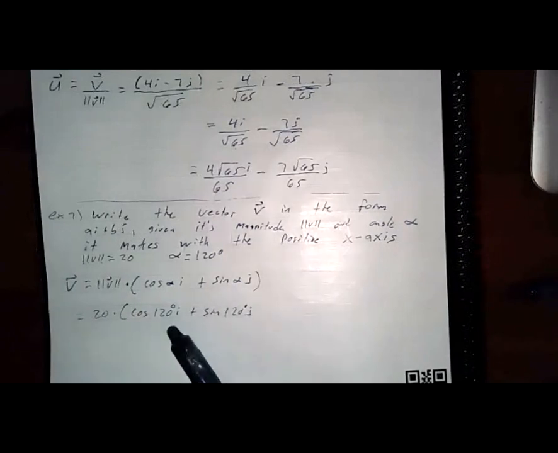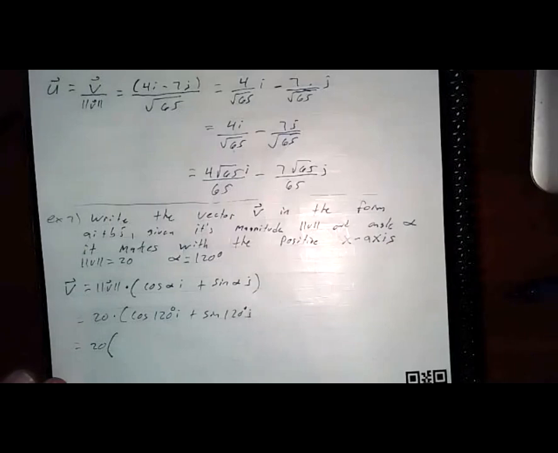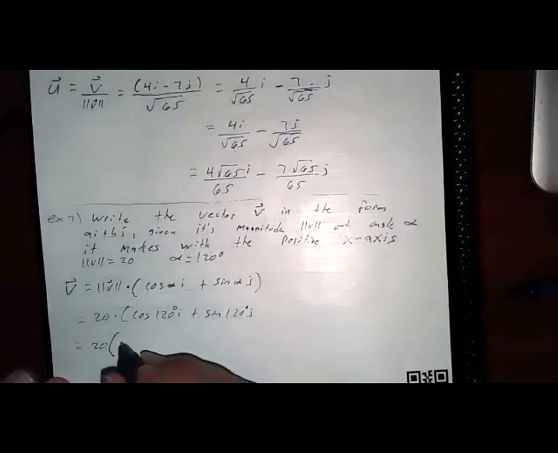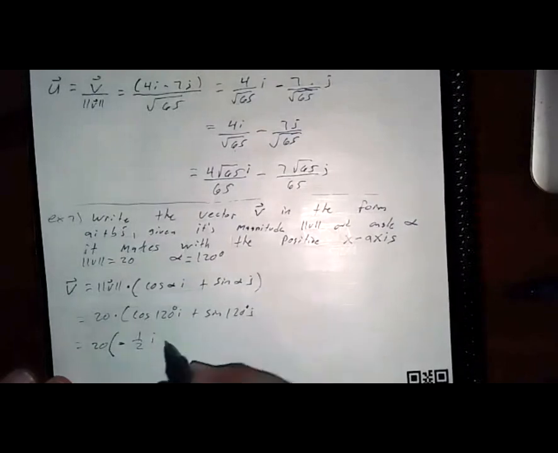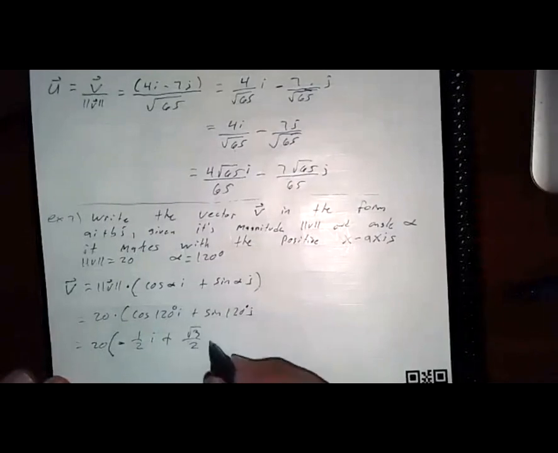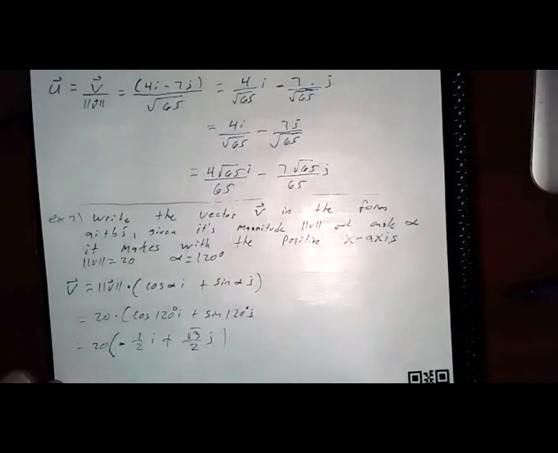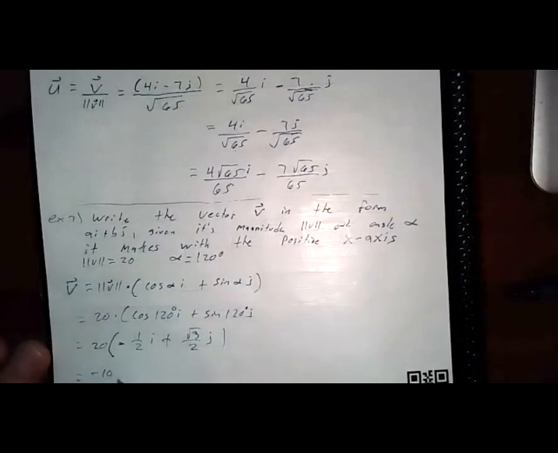So cosine 120, what's that going to be? That's quadrant 2, which is negative. So this will be negative 0.5, or half. Sine 120 should be root 3 over 2, right? So multiply by the 20, and we're pretty much done. We get negative 10i plus 10 root 3j.